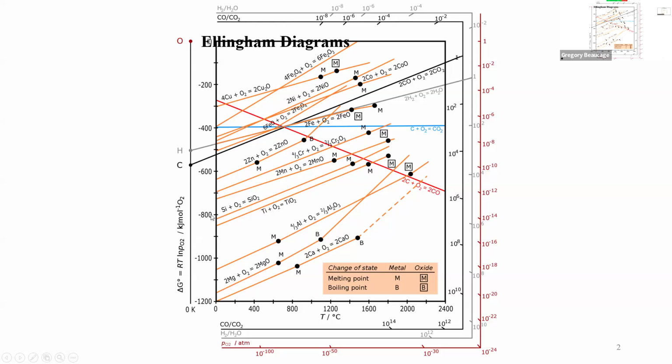Each of these curves is in units of free energy per mole of oxygen, so they're all oxidation reactions. It's a reduction reaction when you go backwards, and oxidation when you go forwards. The slope is positive because most of them involve a gas going to a solid.